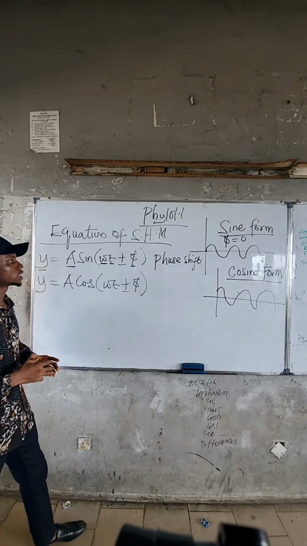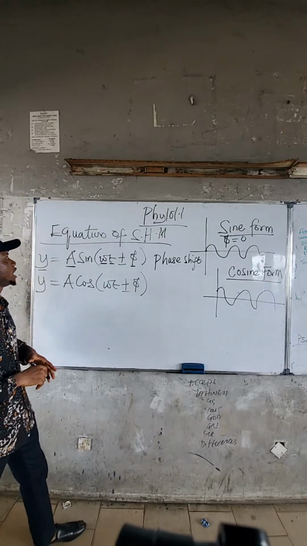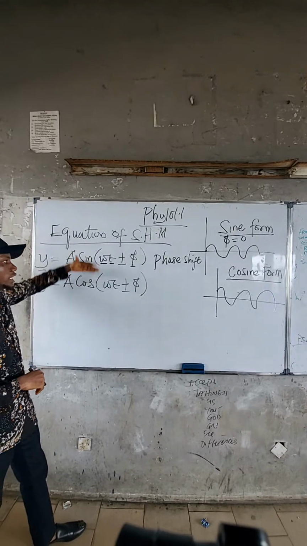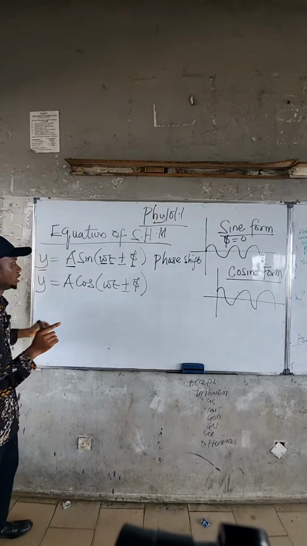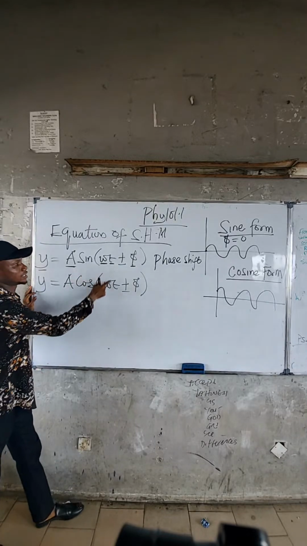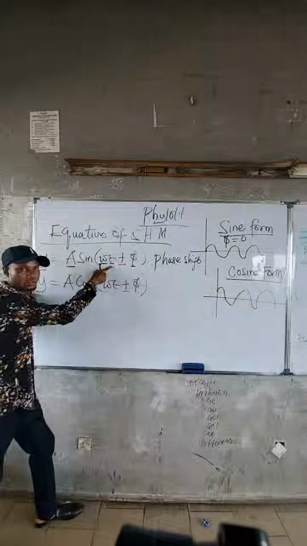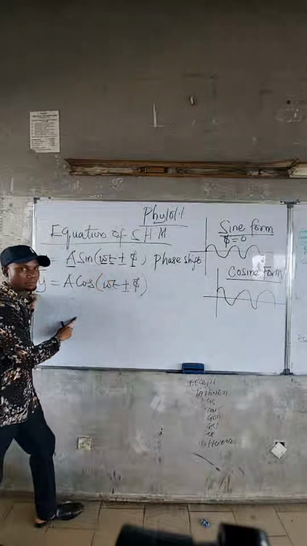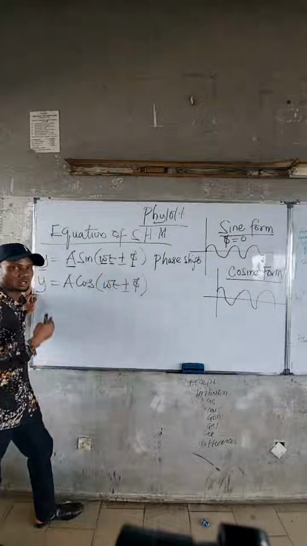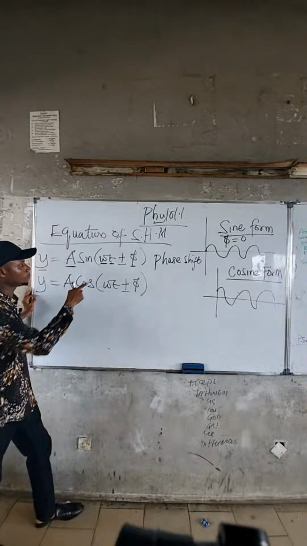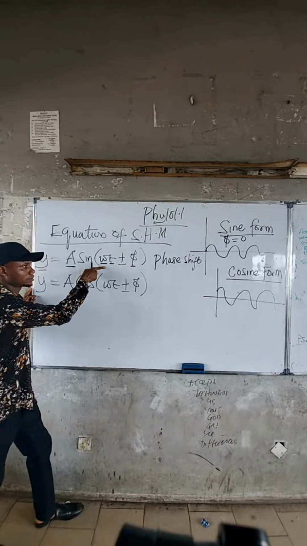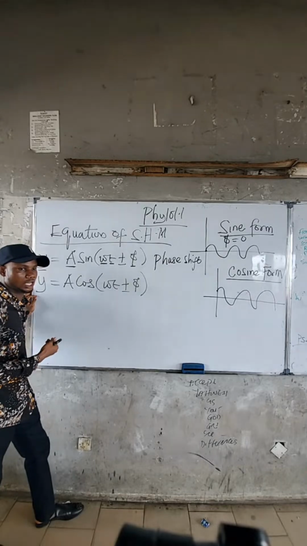Now, the question is, how do we solve any question like this? We compare with the standard equation. Before we calculate what we are asked to calculate, first compare and get our parameters, okay?